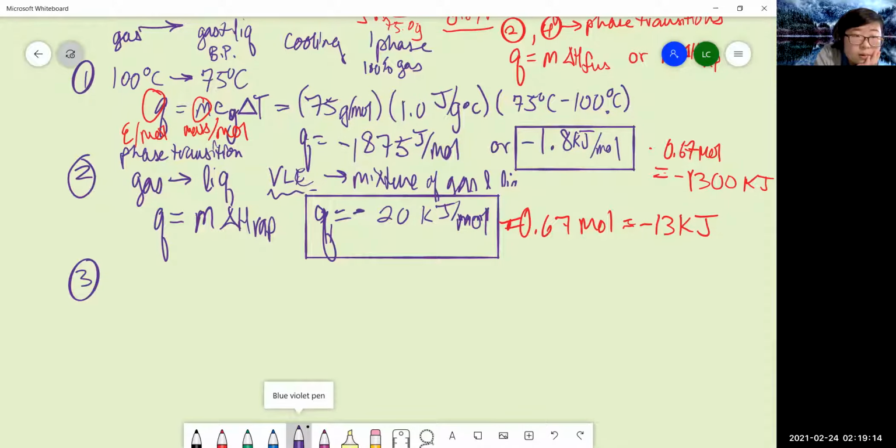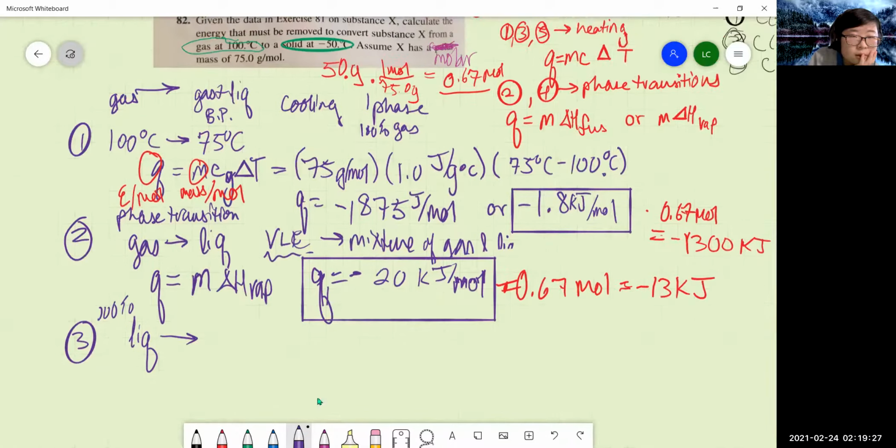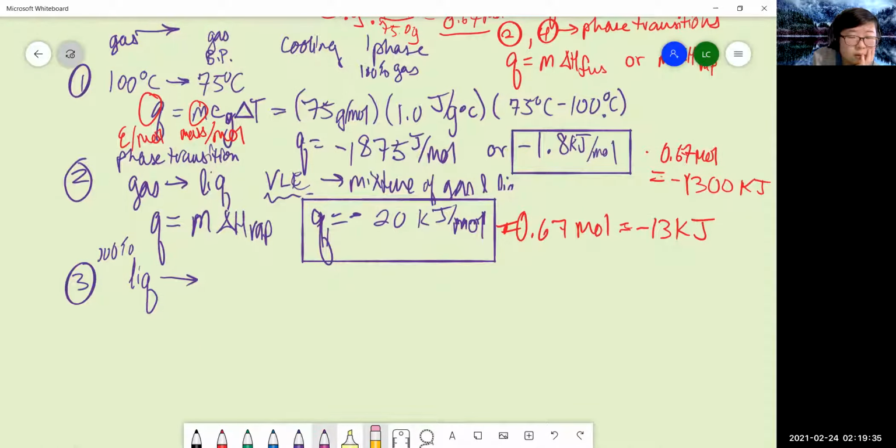So again, now you're all in liquid, 100% liquid. And now you're just going to cool this liquid, sorry, this should just say gas at the boiling point. So you're going to do 100% liquid, now our temperature is at 75 degrees Celsius still.